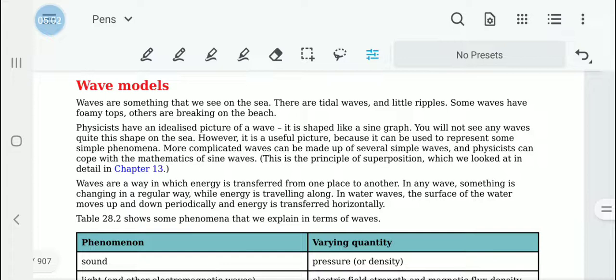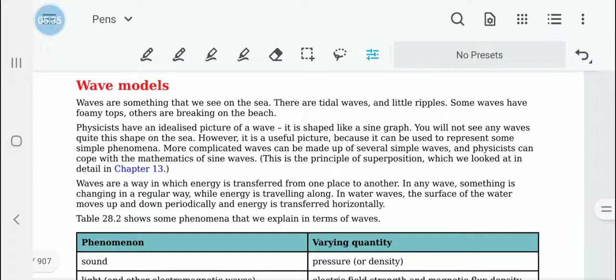Now, a different model that we are going to develop and discuss is the wave model. If you consider water, you have seen different waves. They make waves when you go to the ocean, ranging from little ripples to massive tsunami waves. You can have different kinds of waves, and then there are the tidal waves, and varying kinds of waves.